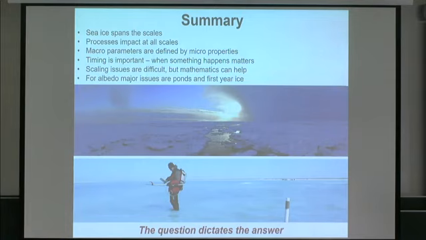And for albedo, the major issues are ponds and first-year ice. We're still trying to figure out how first-year ice behaves. And the question dictates the answer, because you can't be all scales all the time. So what you really have to do is formulate the question, and that'll help guide you as to what scales are the most pertinent.